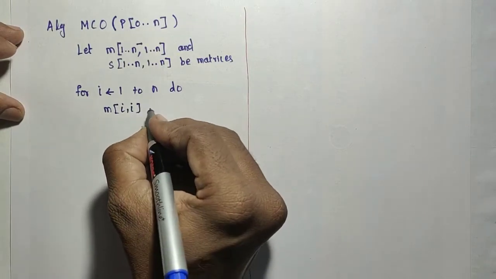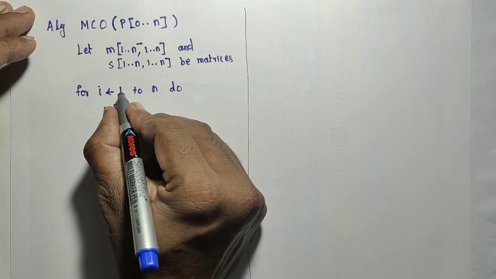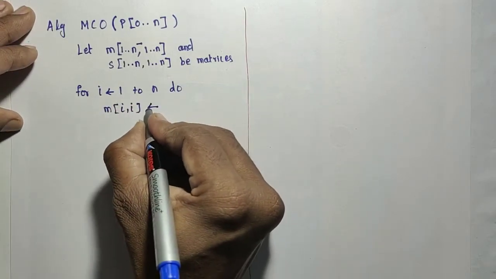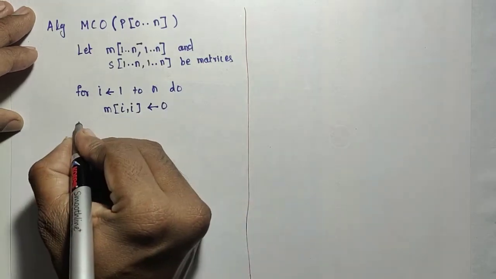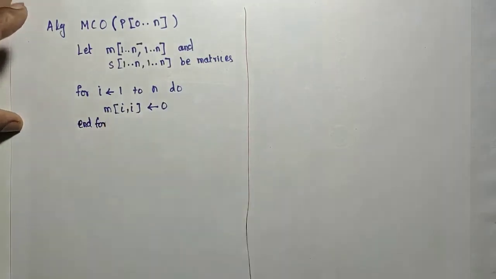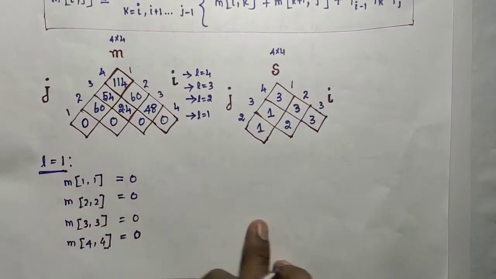No need to use the whole two-dimensional array, only those diagonal values have to be filled. So m of i comma i is initialized with 0. End for. That is the first step, so length equal to 1 is over.